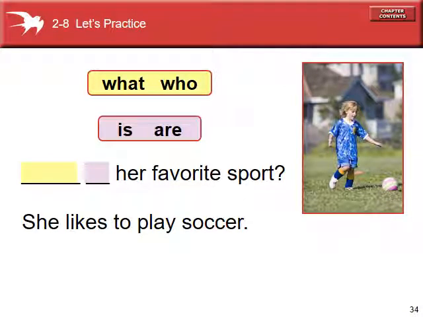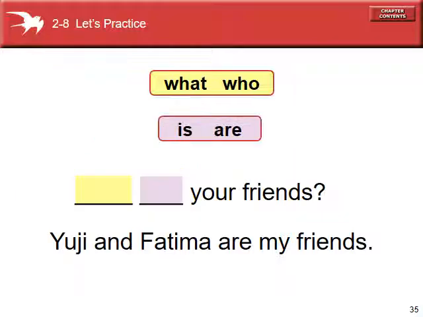So if we look over here at this first one, if we look at the question, the subject is her favorite sport. Now sport is not a person, so we're going to use what? And then we say sport is singular or plural. In this case, there's no S on it, so we're going to say it's singular, so it will be what is.